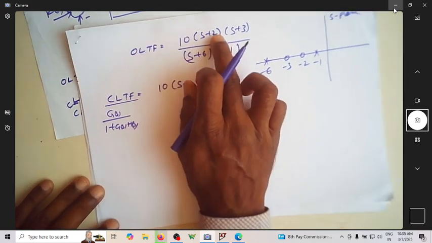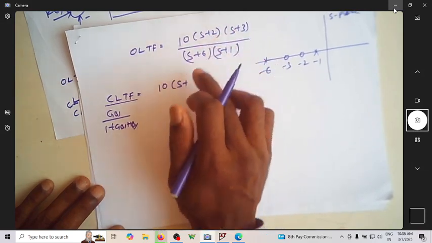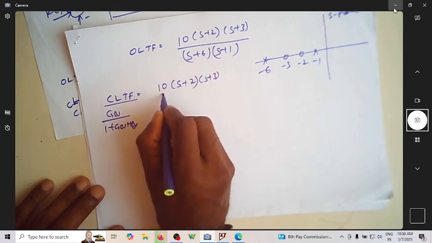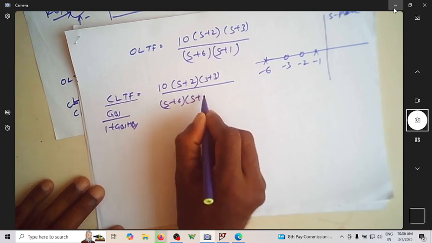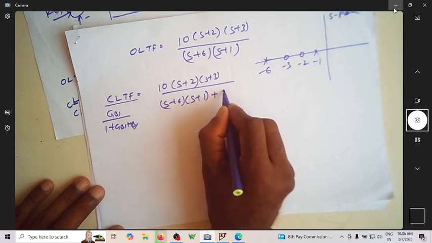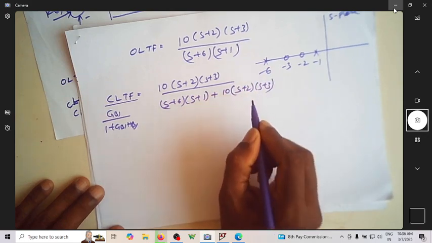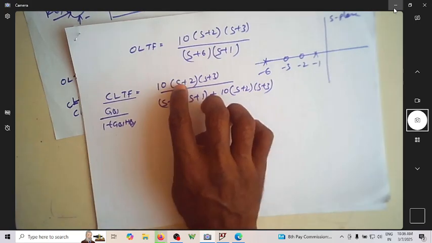If you do this, it yields s plus 3 divided by s plus 6 into s plus 1 plus 10 into s plus 2 into s plus 3. So where are the zeros? Zeros will still remain there.